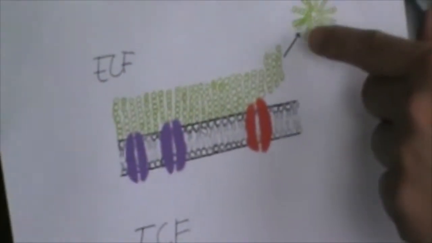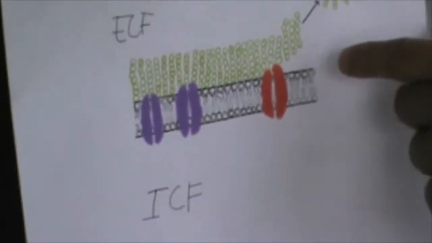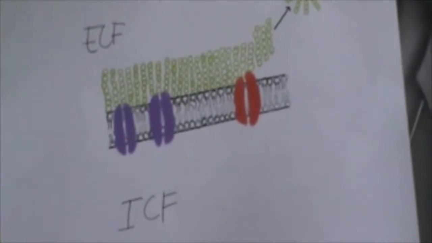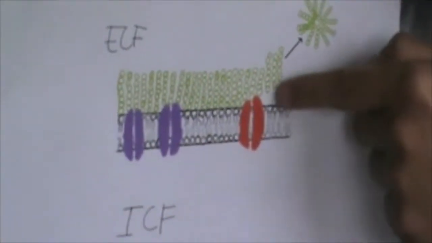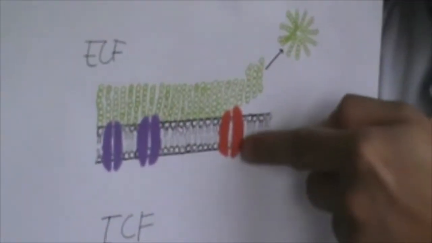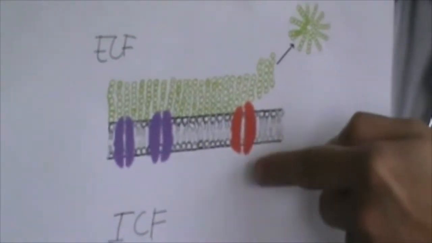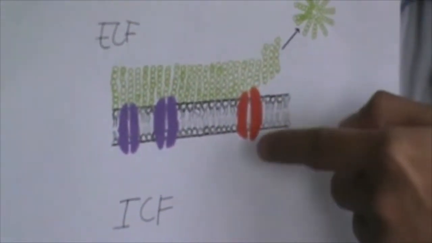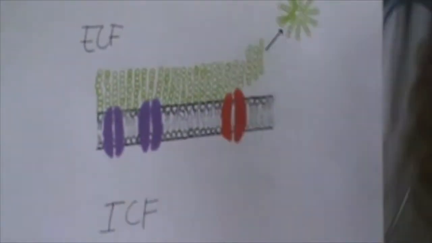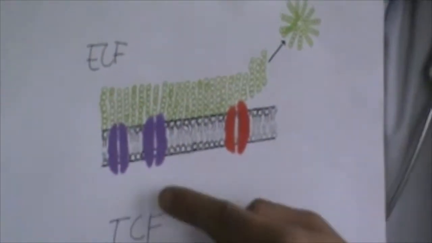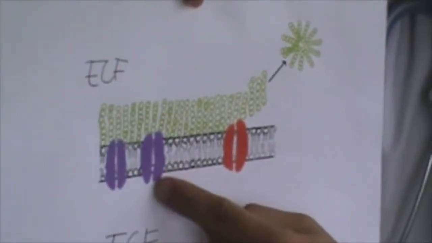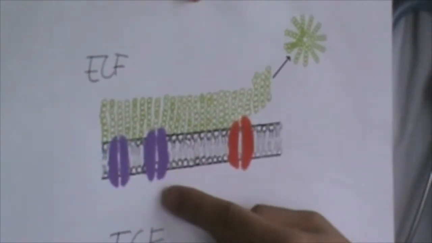The main cause of plaques is happening in the cell membrane. It is one of our key concepts. For Alzheimer's disease, this protein, the green one, is sliced by this red one, which is the beta secretase. For normal people, the first cut is made by this violet one, which is the alpha secretase.